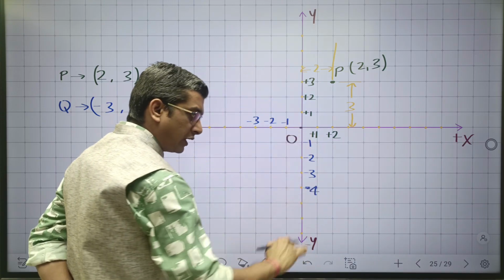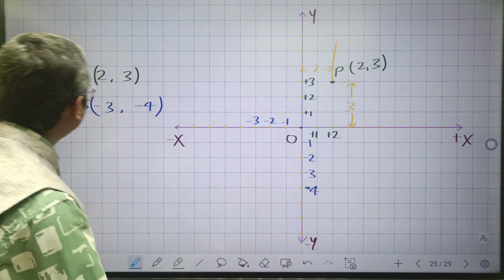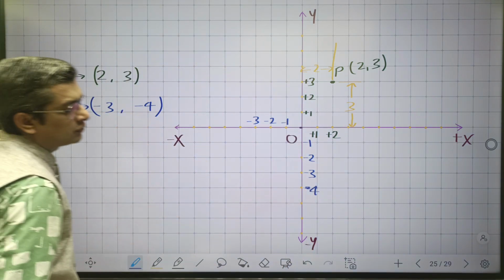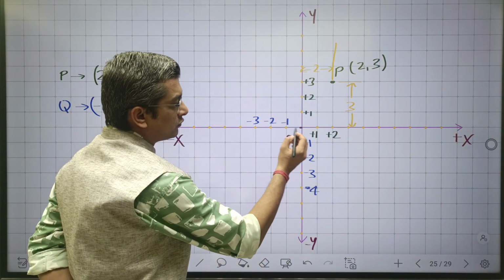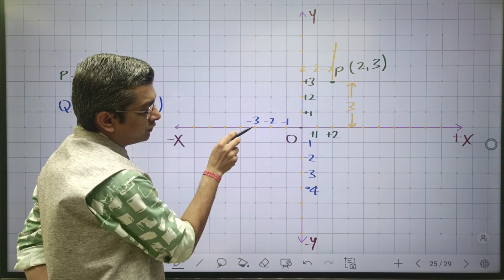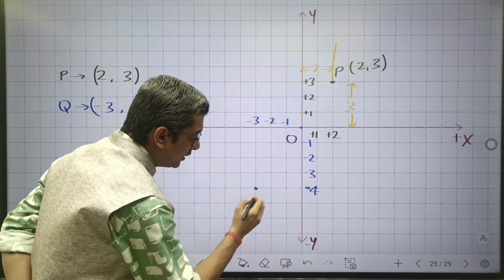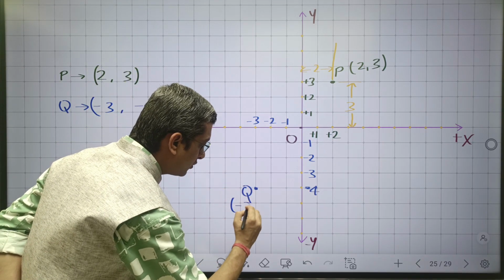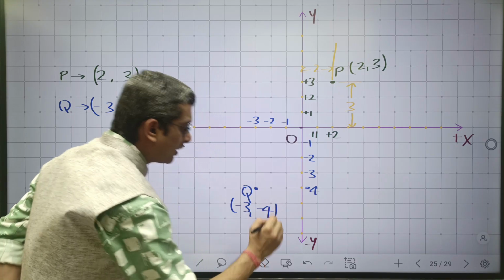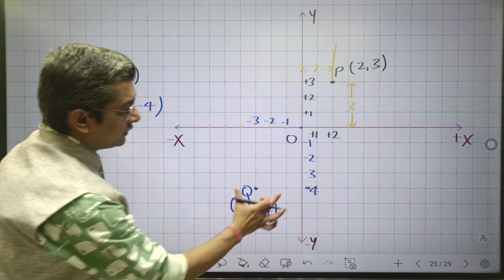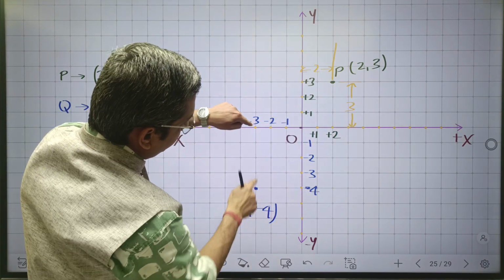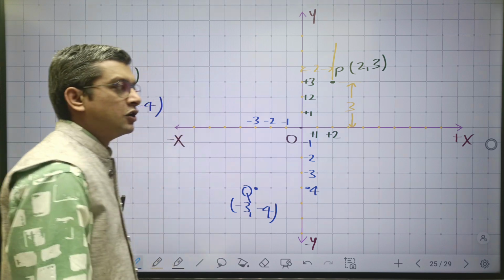So we have to locate point Q, minus 3, minus 4. First we move towards minus 3, so minus 1, minus 2, minus 3, then we move towards minus 4. So this point represents point Q having coordinates minus 3 and minus 4. So this distance is minus 3, and from here, this is minus 4.